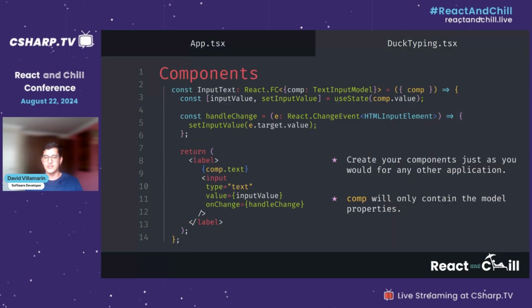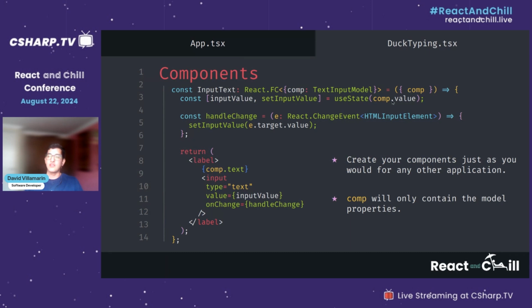So yeah, of course, you have to create your components just as you would for any other application. So for example, we have input text here. Of course, we know that one of the props for this component is going to be this comp, that we are making sure through doc typing that this is a text input model, so we can use the different values inside of this component.